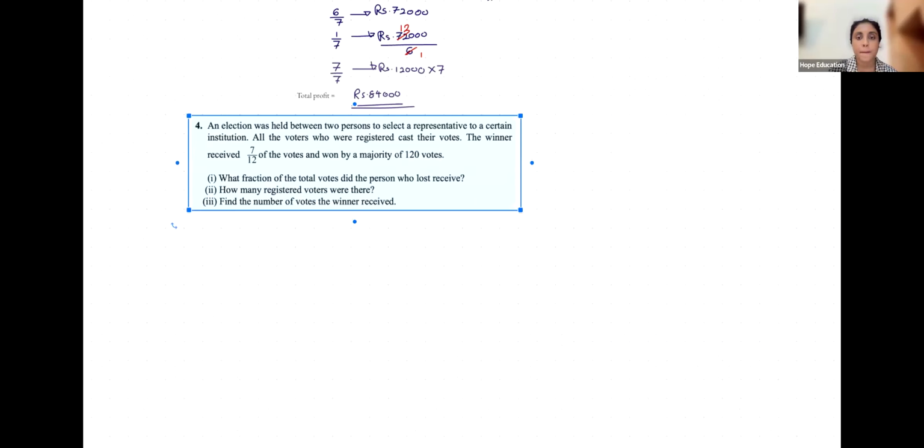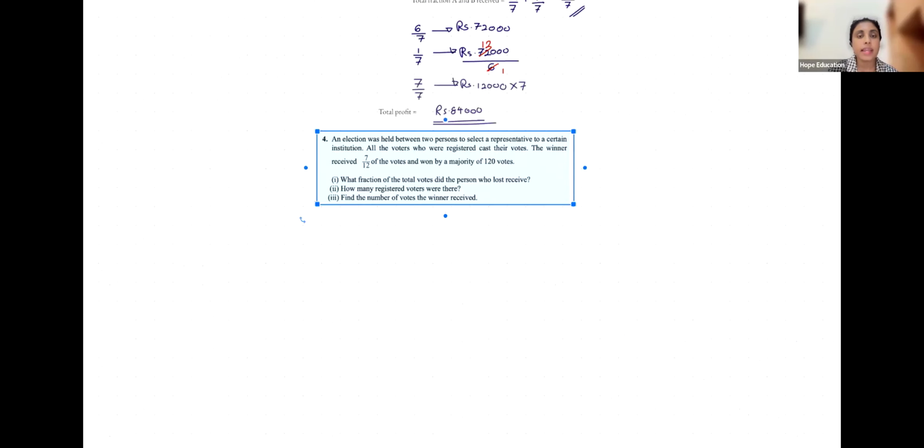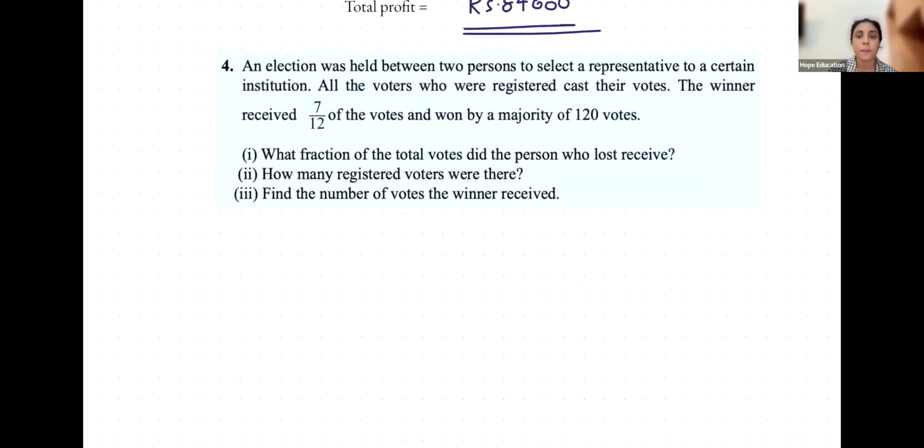An election was held between two persons to select a representative to a certain institution. All the voters who were registered cast their votes. That means all registered voters gave their vote. The winner received 7/12 of the votes.